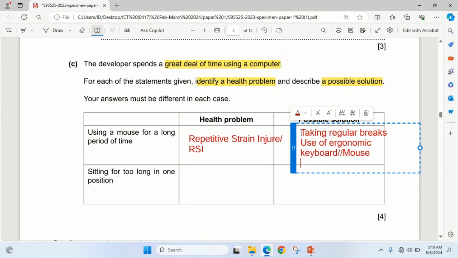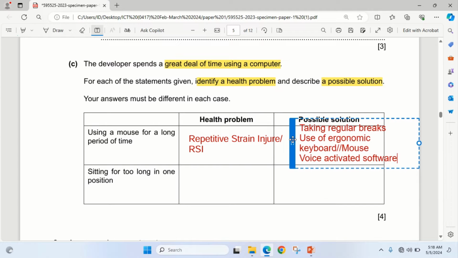Then another thing that can help is you can use voice activated software. That is, instead of typing, you'll be giving verbal commands. Okay, any of these can help for RSI.